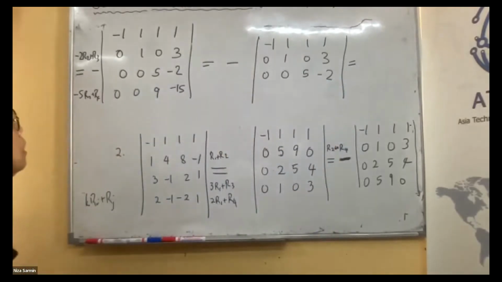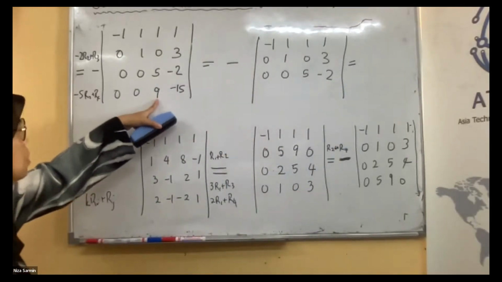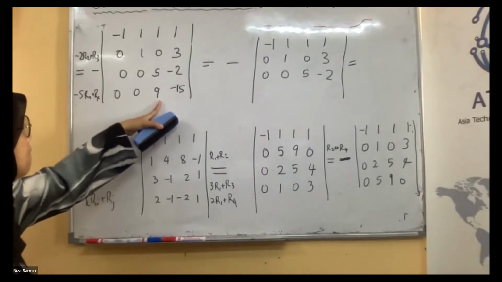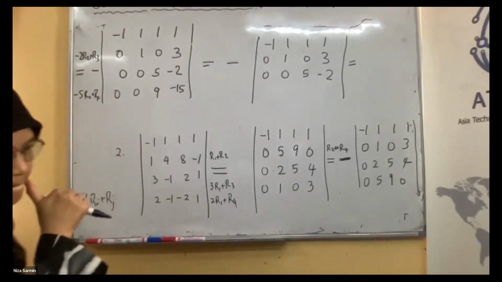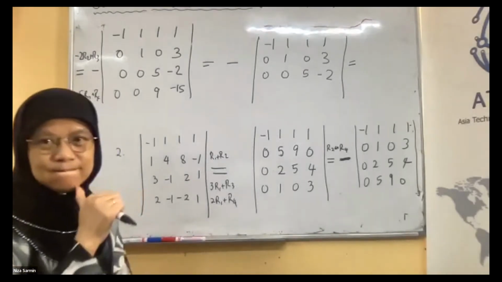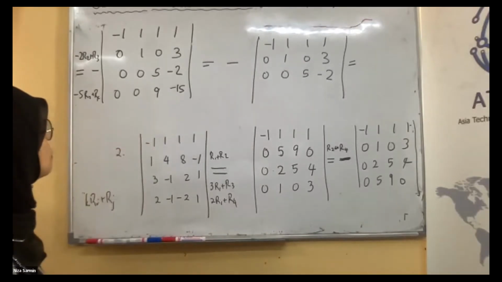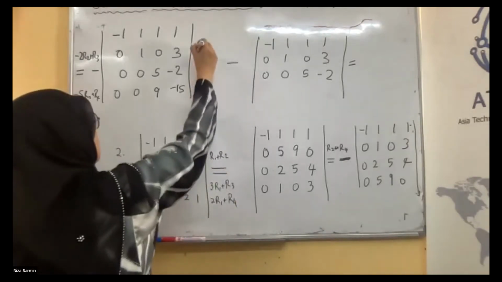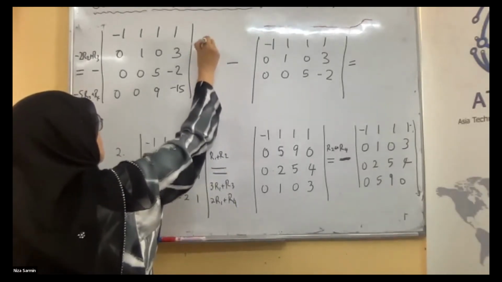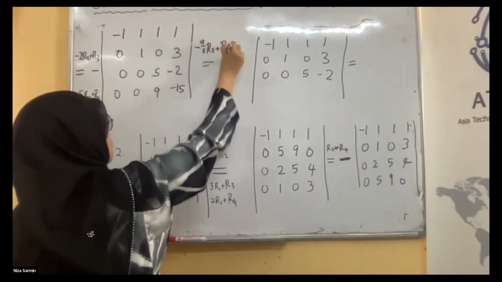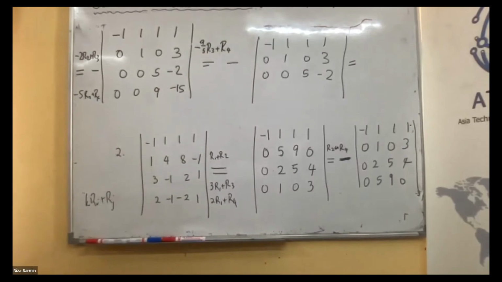How do I get this to be 0? It's a little bit tricky, right? How do I get this to be 0? Row 3 times -9/5. So you can write -9/5 row 3 plus row 4.